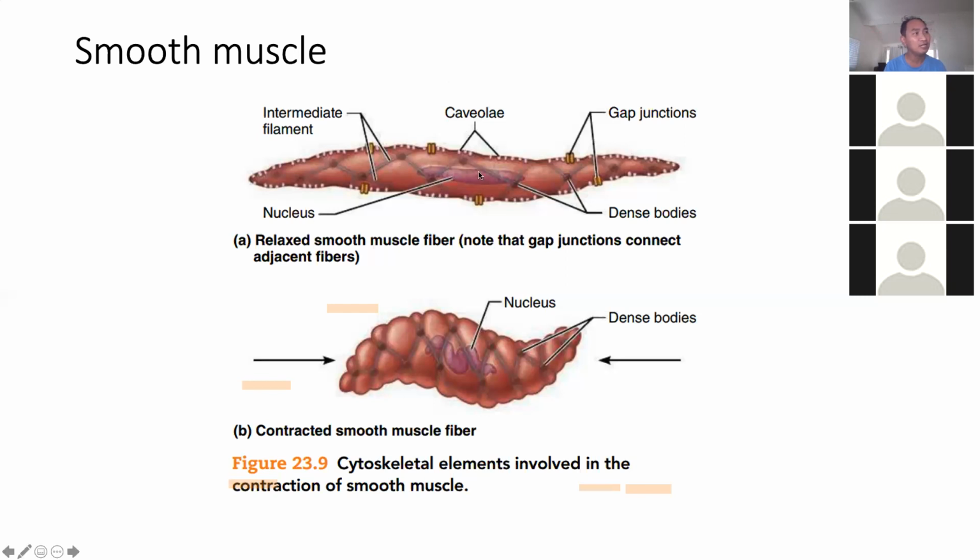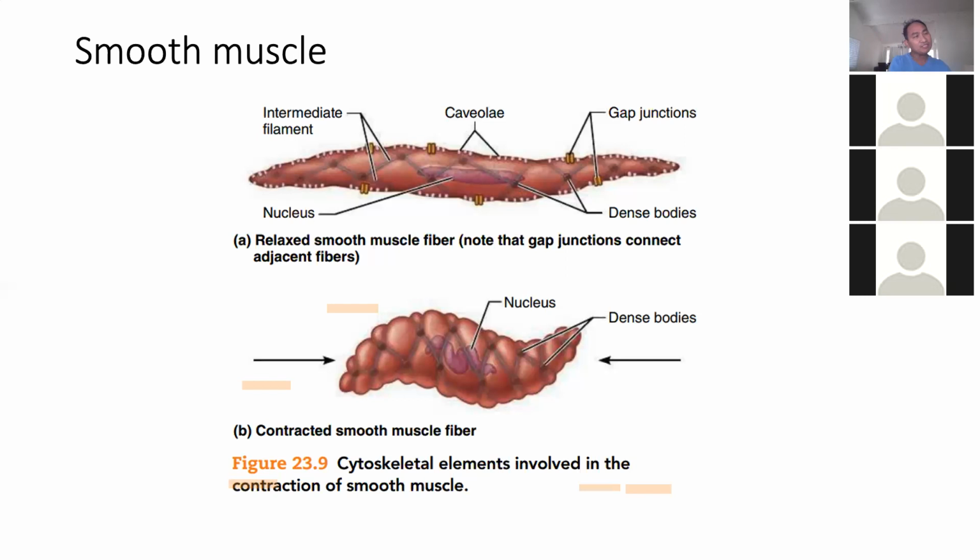Look at that. That's the area. You can see a dense body. So this dense body will be acting like a Z disc of the sarcomere.